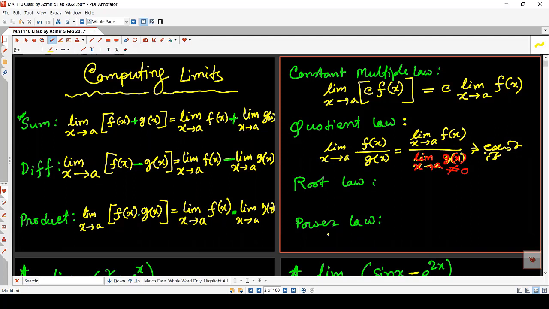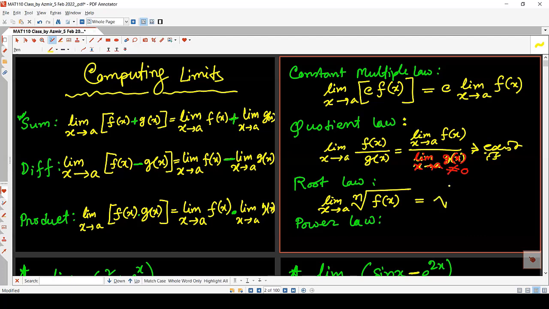One is the power law, another one is the root law. So the root law says that limit x tends to a, nth root of f of x. If we want to compute this limit, where n is a positive integer, n should also be an even number.